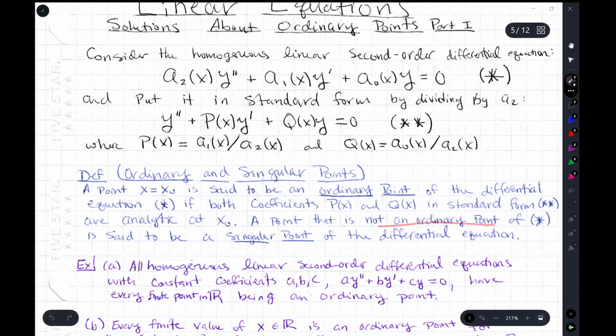A point that is not an ordinary point of this differential equation, such that p of x and q of x cannot be expressed as a power series at that point in an open interval around that point, is said to be a singular point of the differential equation. Okay, so ordinary versus singular.